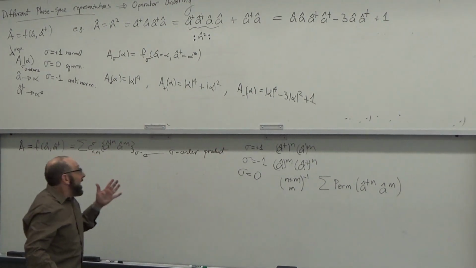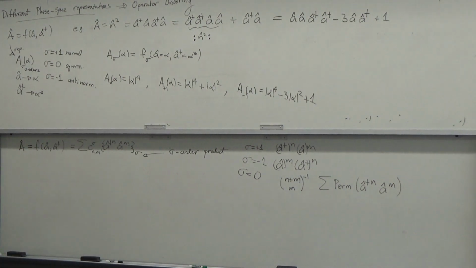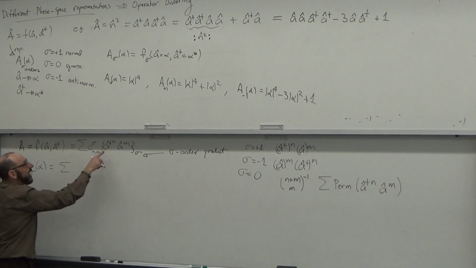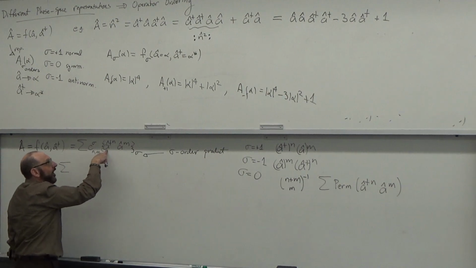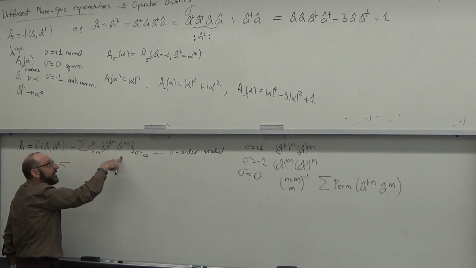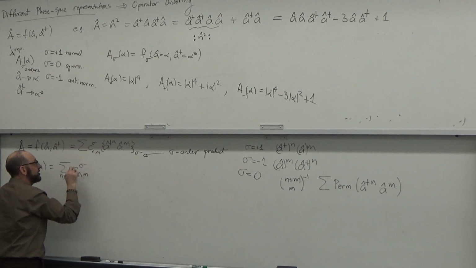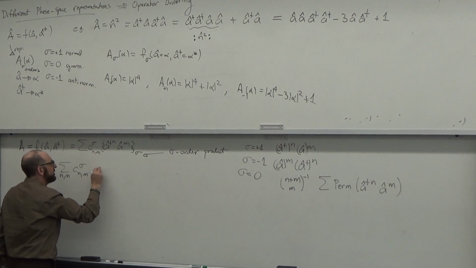Cool. And voila, we have the answer now. So the sigma ordered representation is just this power series where I set a dagger to alpha star and A to alpha. At that point, they all commute. That's just a number. But it's a different power series because it's a different set of coefficients.